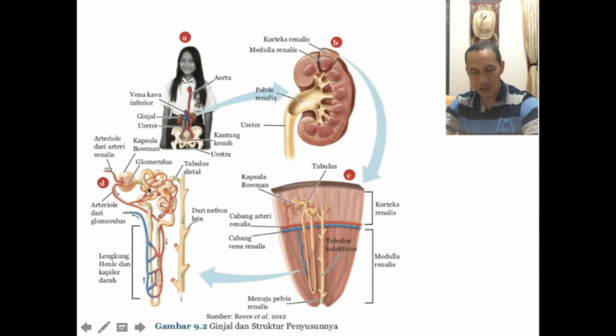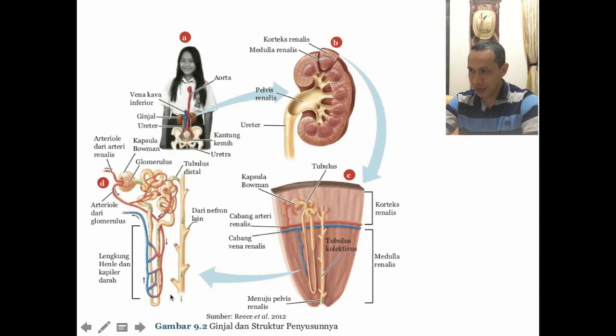This is the functional unit of a kidney. If we say that the function of a kidney is to filter blood, the specific part of a kidney that does that task is called the nephron. We are going to learn about the nephron further, but again, the nephron is the functional unit of a kidney.